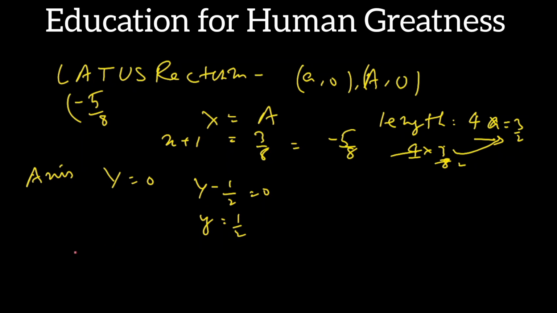And also let us find the tangent. Tangent at the vertex means X = 0, because we have considered the tangent as the y-axis. So the equation of the y-axis is X = 0. That means x + 1 = 0, that means x = −1. I hope it is clear.